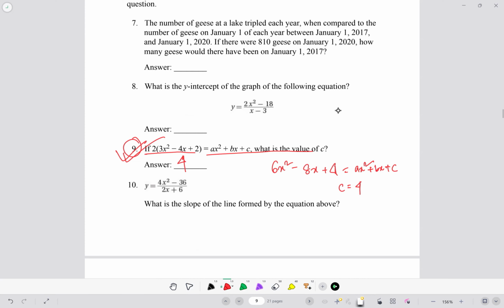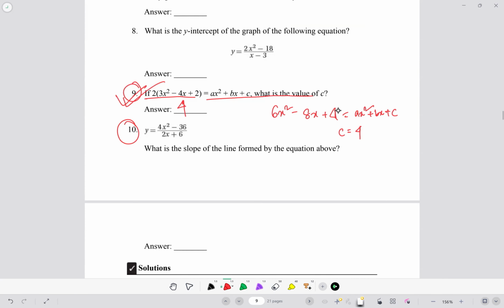Okay. So this problem 10: what is the slope of the line formed by the equation above? To find the slope of the equation above, you can do it in some different ways.